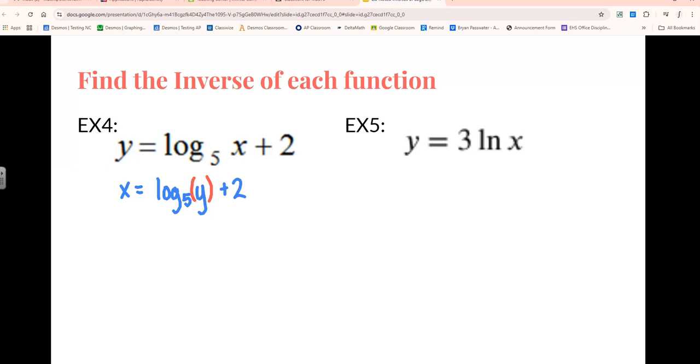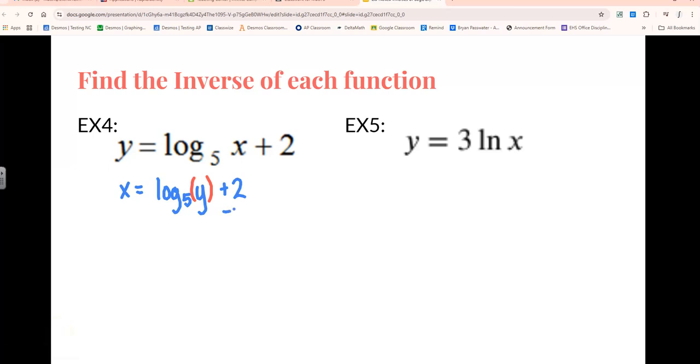Sometimes they'll put the parentheses there, sometimes they don't. But if they don't have parentheses, it is only the thing that is right behind the log that is included in that log. So, in this case, Fernando, what would I need to do first on this problem?